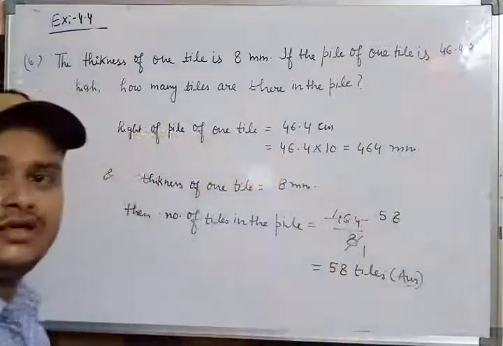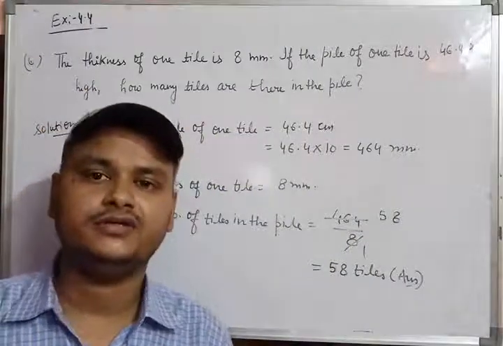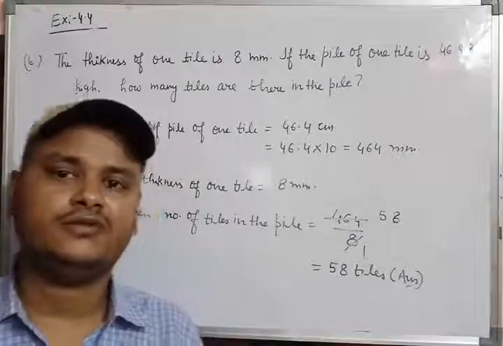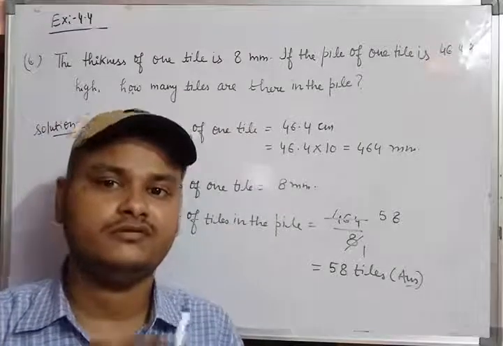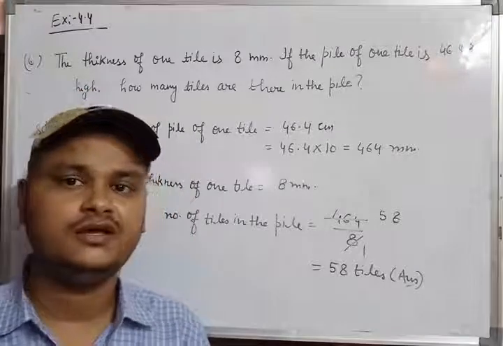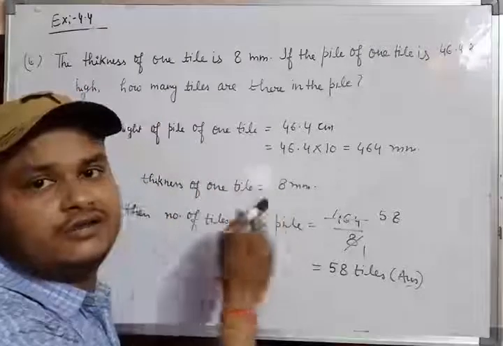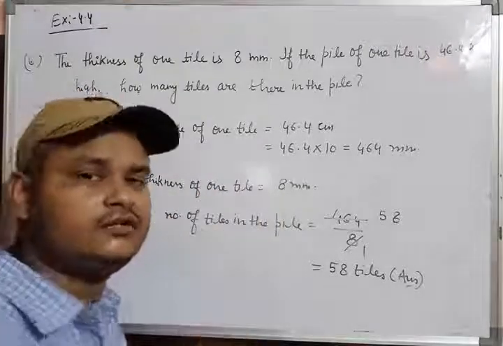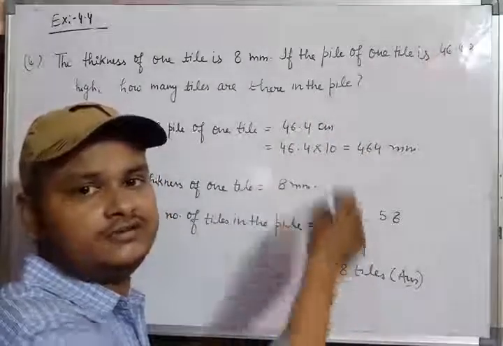Now students, I hope you understand how we can solve our problem. Students, first of all you have to read the question very carefully. Then after that you have to write the solution in words like this. Many students write only the calculation for solving the problem.